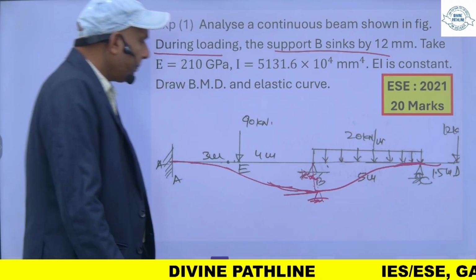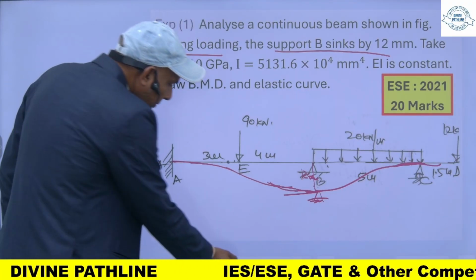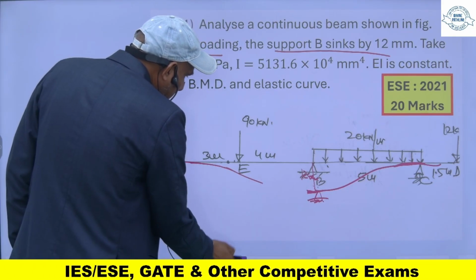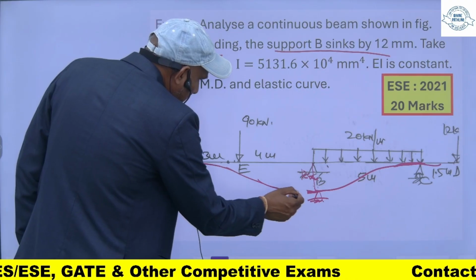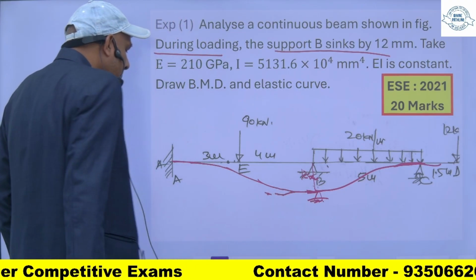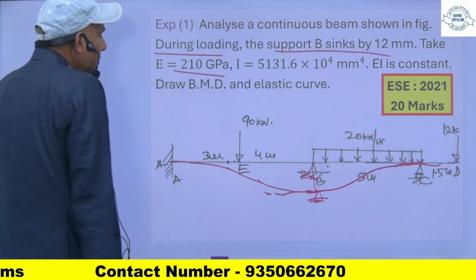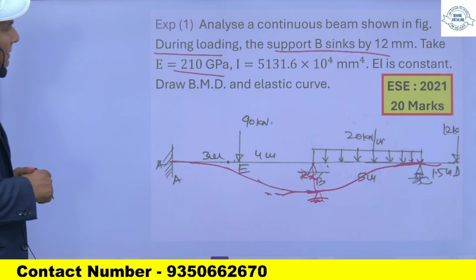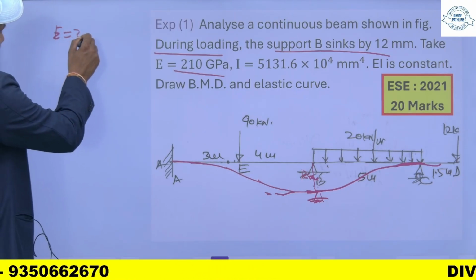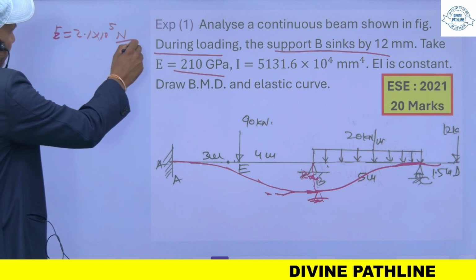So it will be like this. So it means the value of E is equal to 210 gigapascal, means E is equal to 2.1 into 10 raised to the power 5 Newton per mm square.